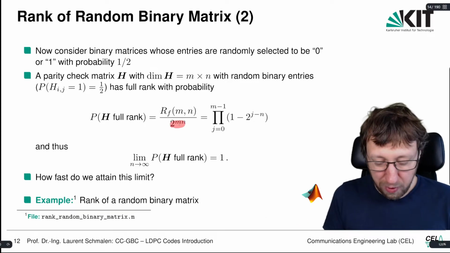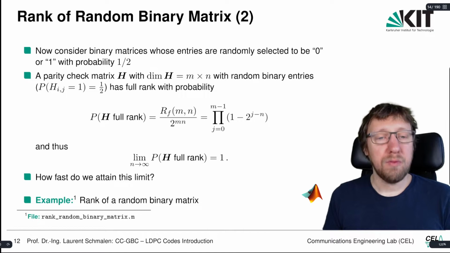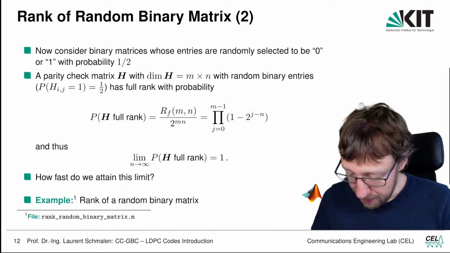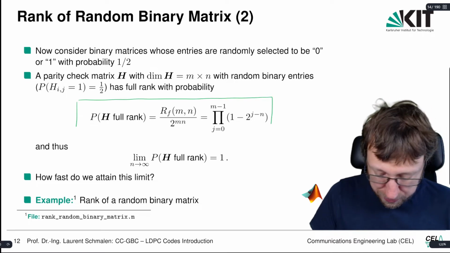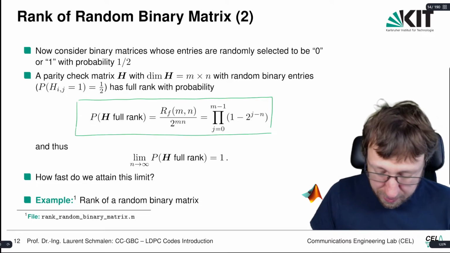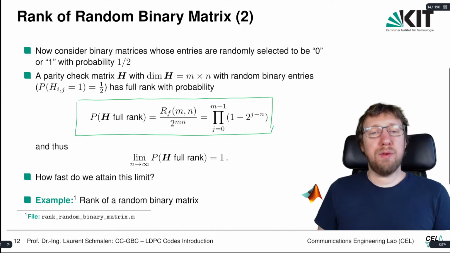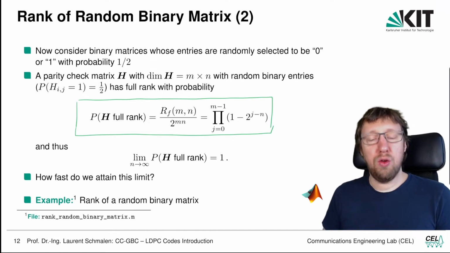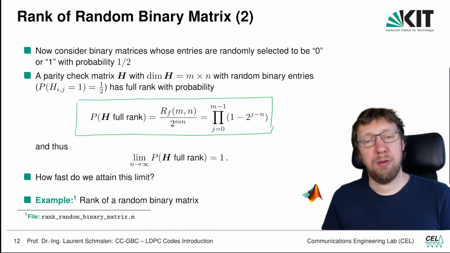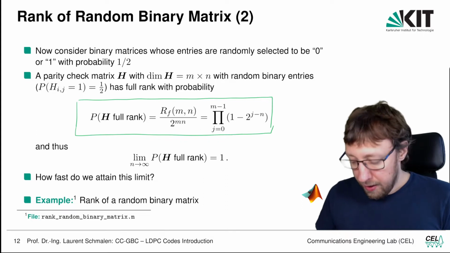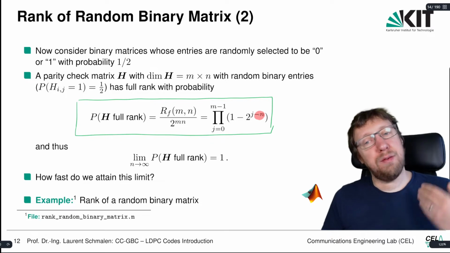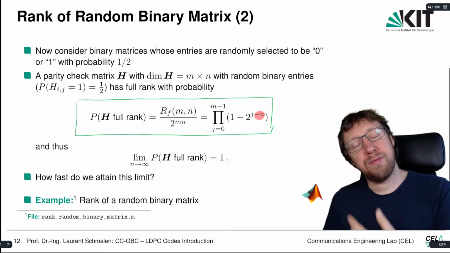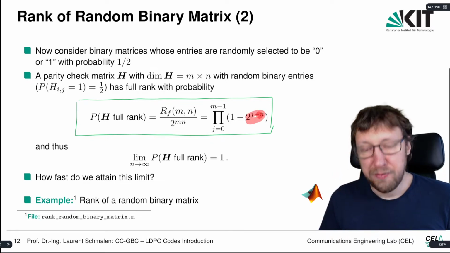This is 2 to the power M N. So the probability that the matrix has full rank is the product from j equals 0 to M minus 1 of 1 minus 2 to the power j minus N. And what we see now is that if N goes to infinity, if we let N get very large, this guy becomes very, very small.